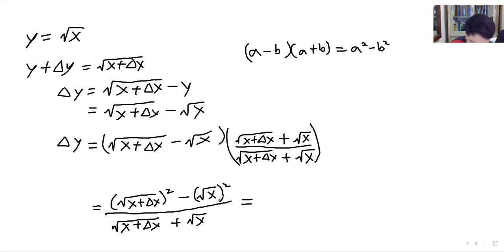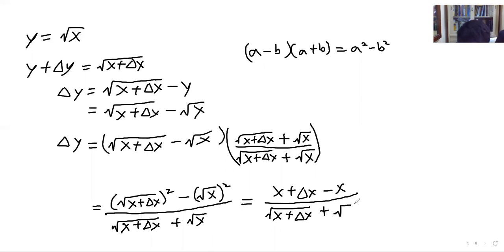If we simplify this, we remove the radical on this term, so that will just be x plus delta x. Then from this term, we also remove the radical, so that will just be minus x, all over square root of x plus delta x plus square root of x. So this is equal to delta y.